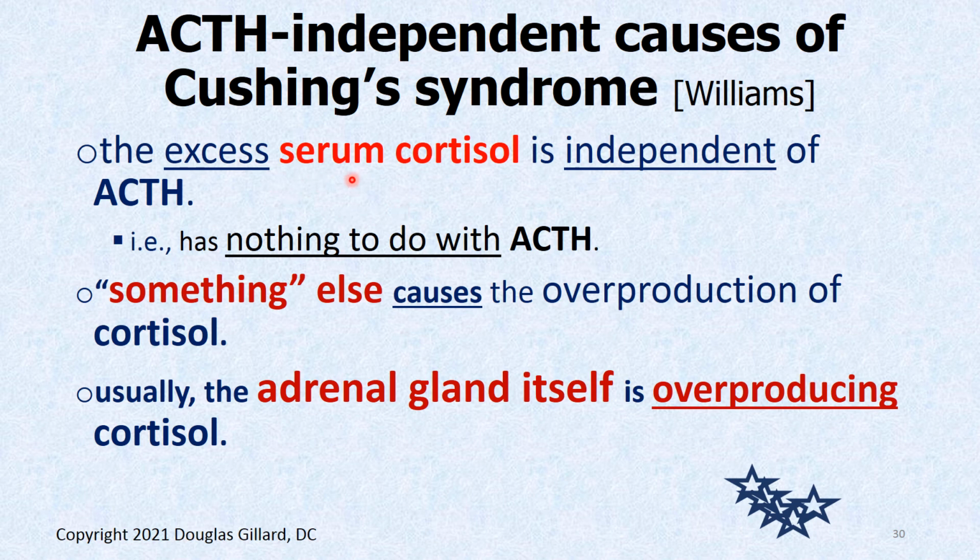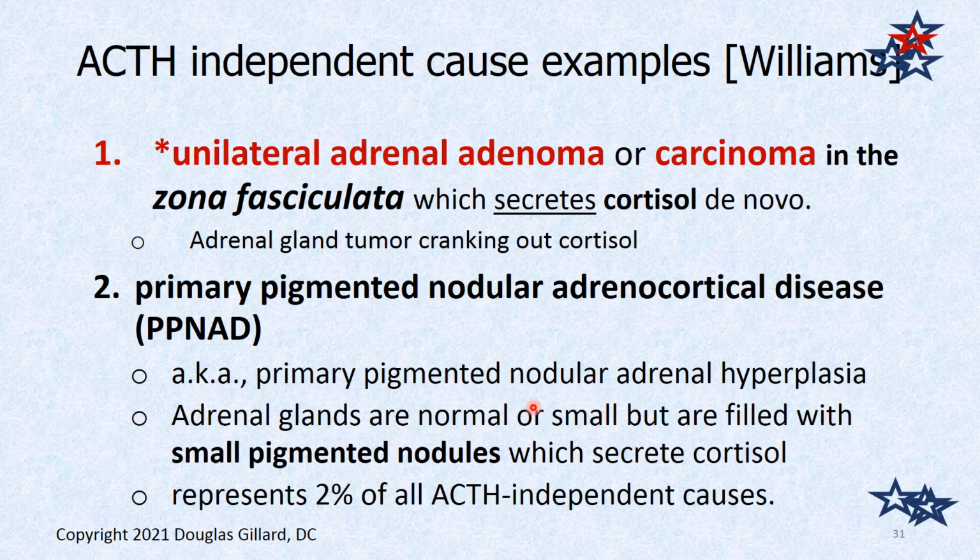So it has nothing to do with the overproduction of ACTH. Something is causing cortisol to be released from the adrenal gland. It's usually the adrenal gland itself that is the problem.